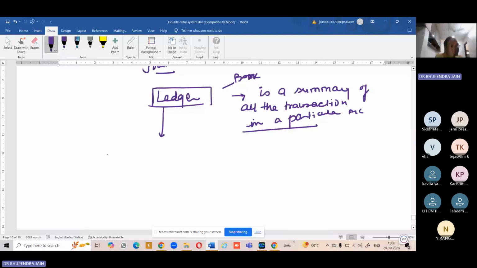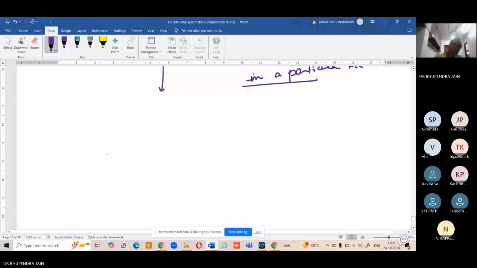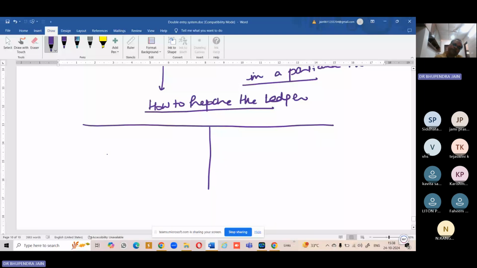Now, how to prepare the ledger? First, what is the format of the ledger? Then we will discuss how to prepare the ledger.